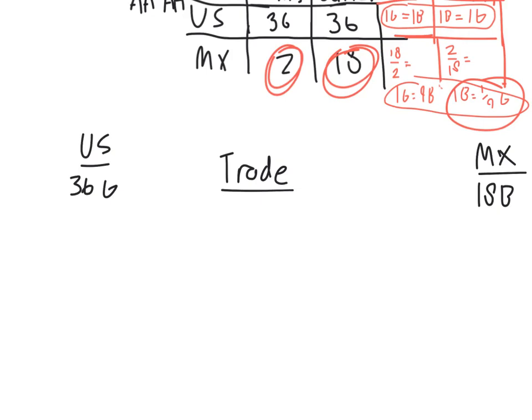We'll begin with a couple bad examples of trade. So, for example, say the United States wants to trade 1 gun for 11 butter from Mexico. And this is a really bad trade for Mexico because you'll see they trade away 11 butter, and they end up with 7 butter plus the 1 gun they get.